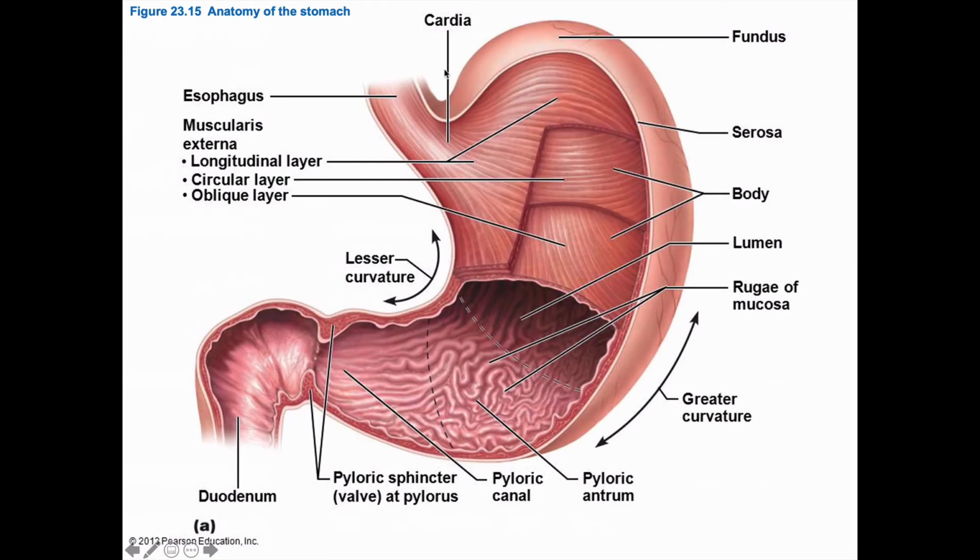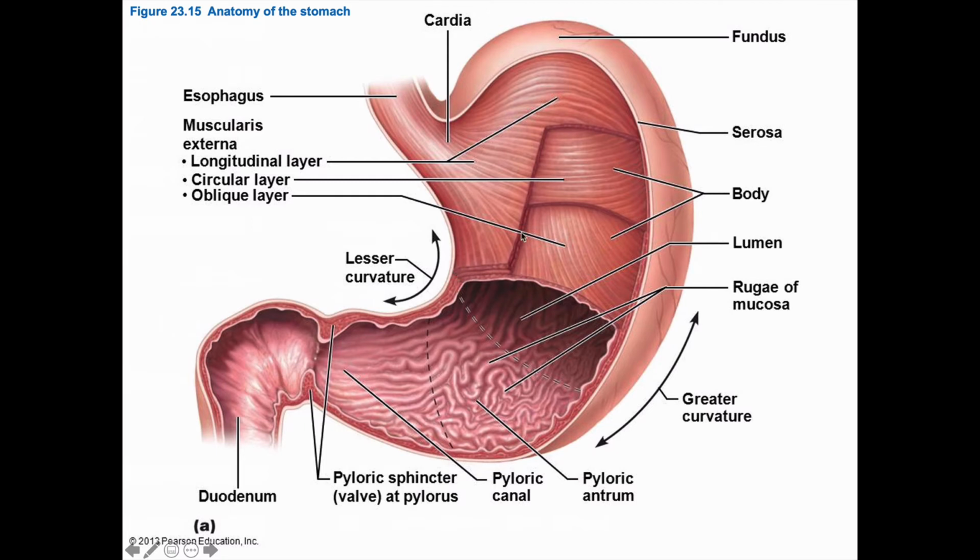So this is the cardiac part, this is the fundus, this is the body, this is the pyloric part, and this is the antrum. When you put an endoscope into the stomach and see an ulcer in the antrum, fundus, body, or pyloric junction, you have to mention it like that.